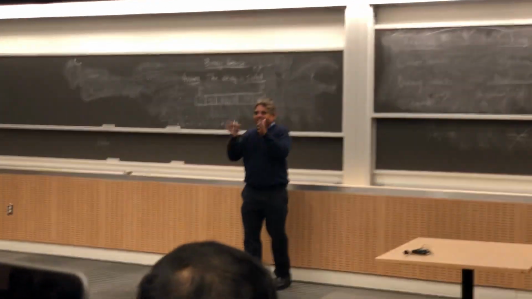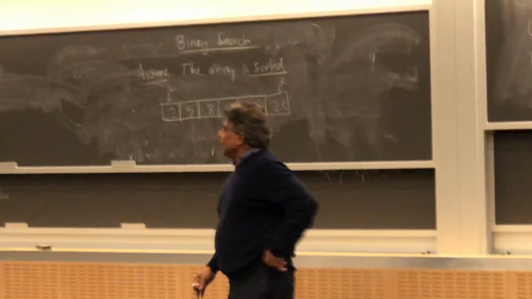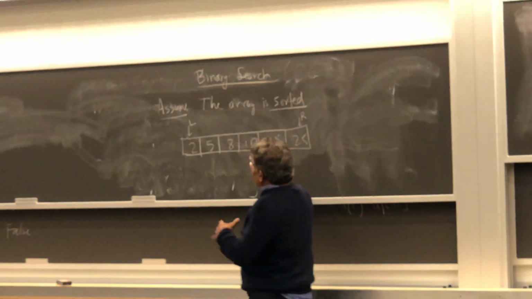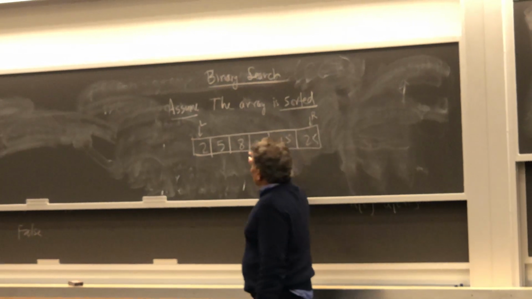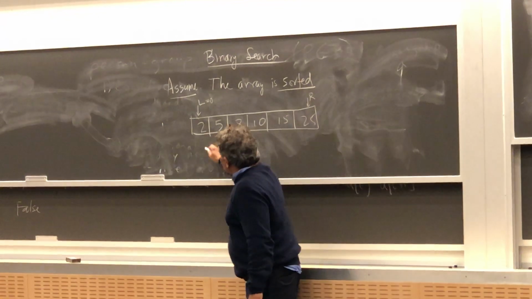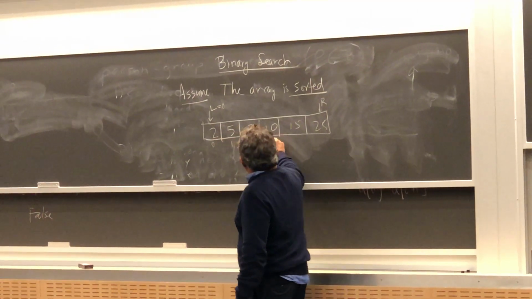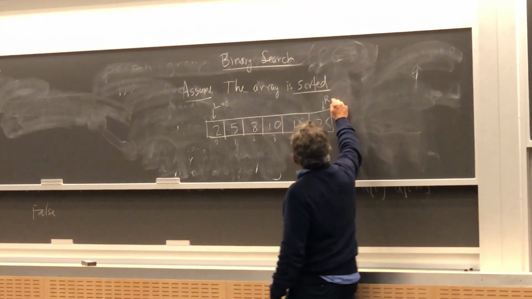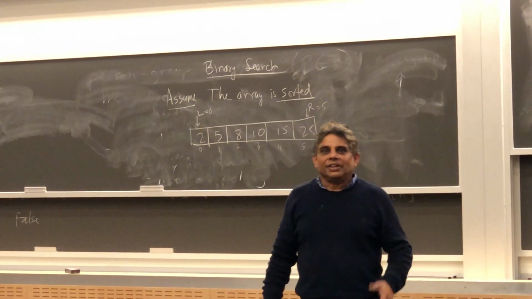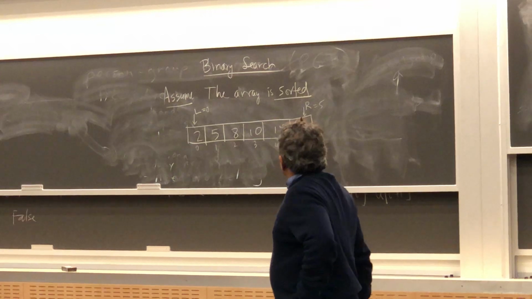That's the size of the array we are searching. When I start, I'm going to start with L equals 0, because this is the 0 index, and right equals 5, a.length minus 1, right? If you have an array, that's what you would write.